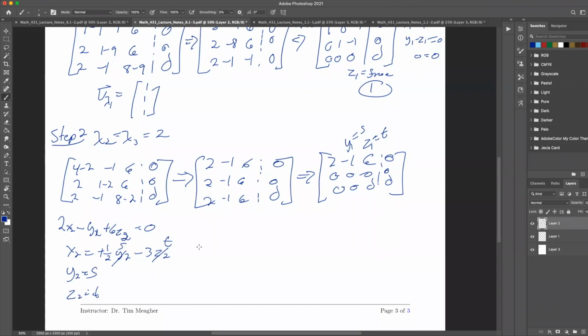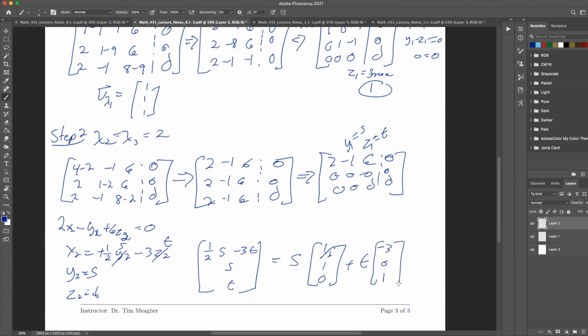So I'm left with the following vector, right? I have 1/2 s minus 3 t, s, and t. But if I split this up and pull out the s, I'll have s times 1/2, 1, and 0, plus t times -3, 0, and 1.